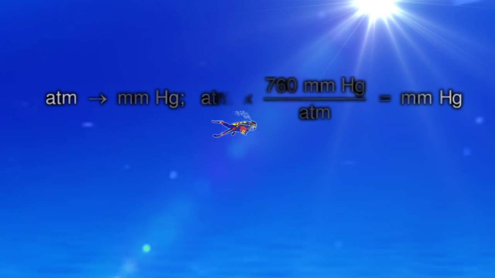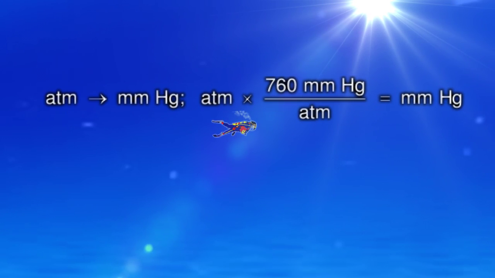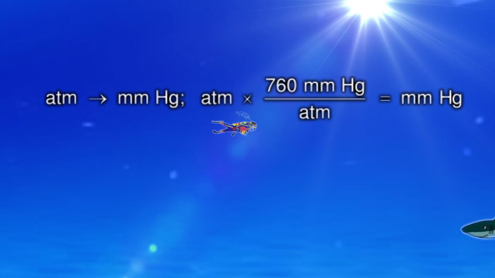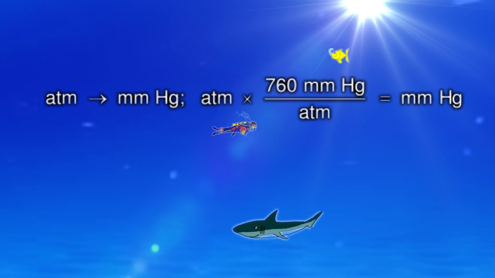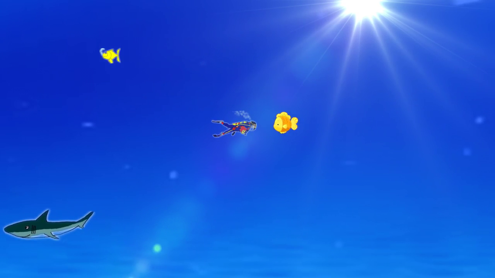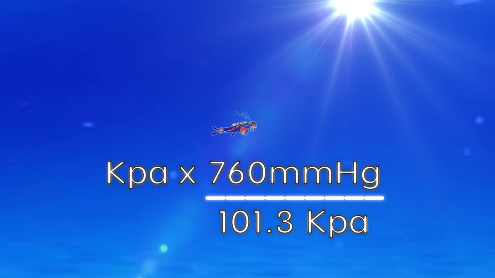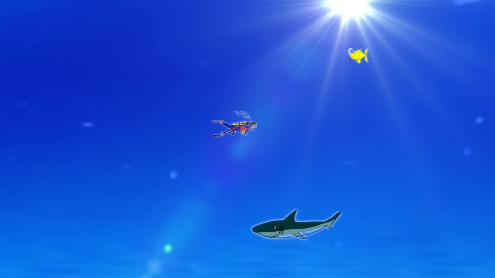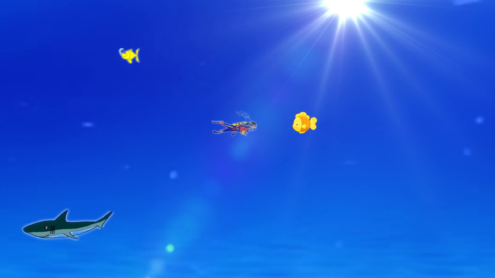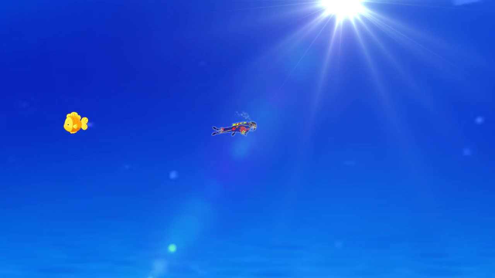To convert ATM to mmHg, just times the ATM by 760. And finally, to convert kPa to mmHg, you would go kPa times 760 mmHg divided by 101.3 kPa. Most of the time, the pressure units that are used are kPa and ATM.